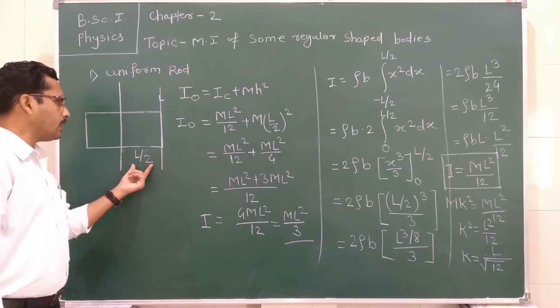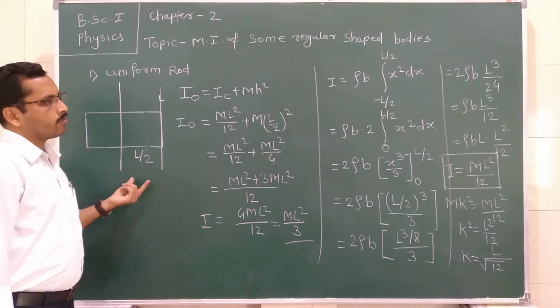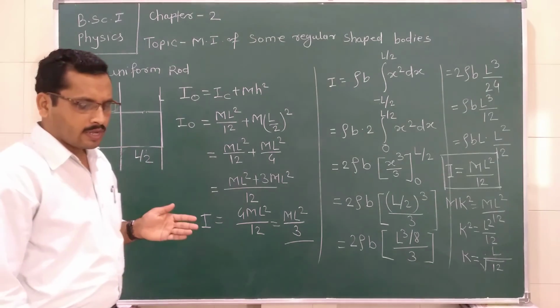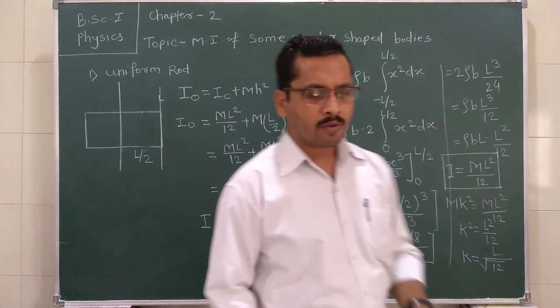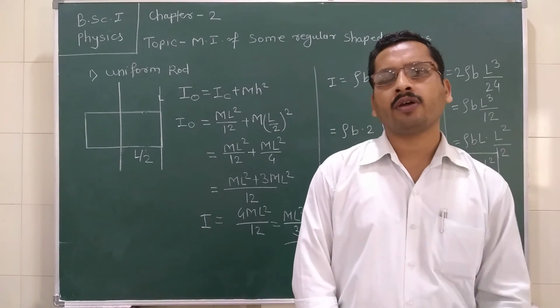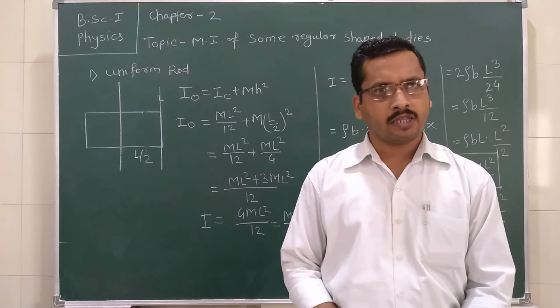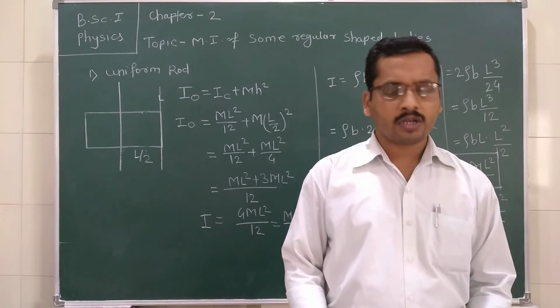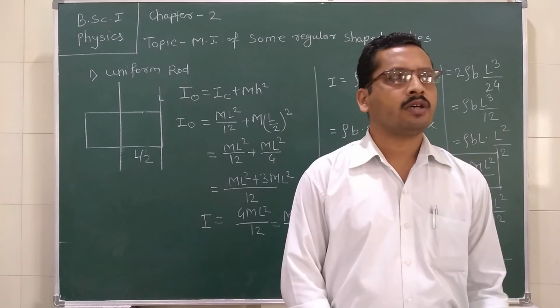So the mass distribution decreases, therefore the moment of inertia also decreases. So in this way we see the moment of inertia in the case of a uniform rod about the axis of rotation passing through its center and about the axis passing through one end.